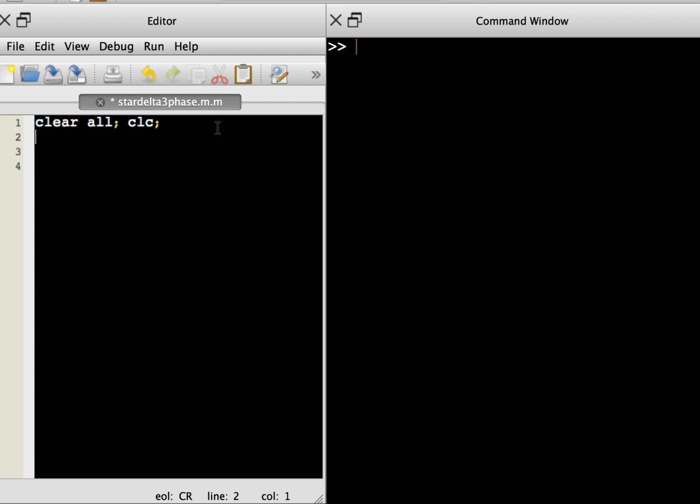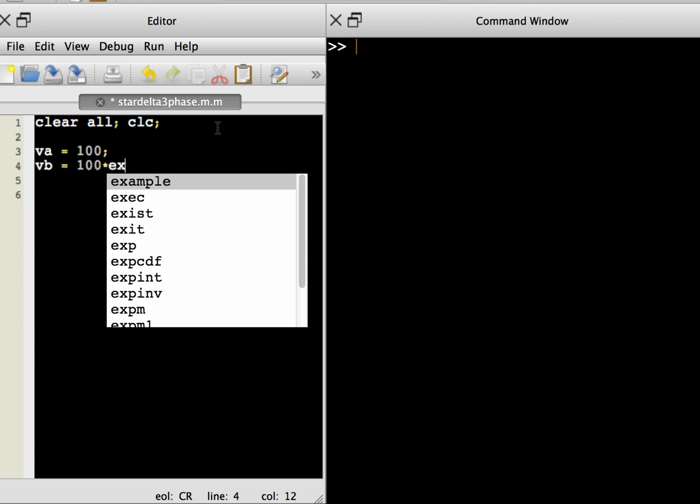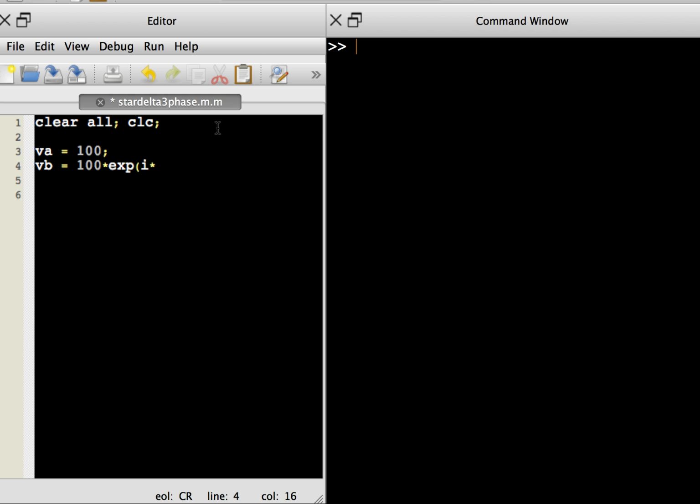Okay, so I have a clear screen. So let's define VA. VA is 100. VB is 100 exponent of i into minus 2 into pi by 3. So this is 100 e to the power of i into minus 120 degrees. So 2 pi by 3 is 120 degrees. So this will be my B phase voltage, and VC is exactly the same thing.